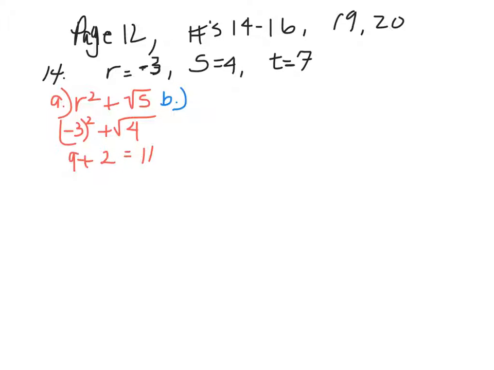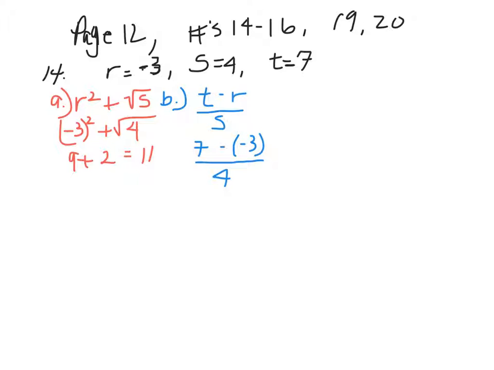B says t minus r over s. So, for our purposes, that would be 7 minus, remember, our r is -3, so we're minusing a negative there, over 4, which is our s.